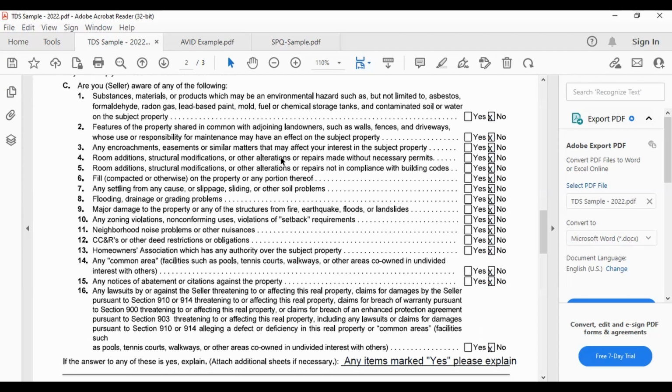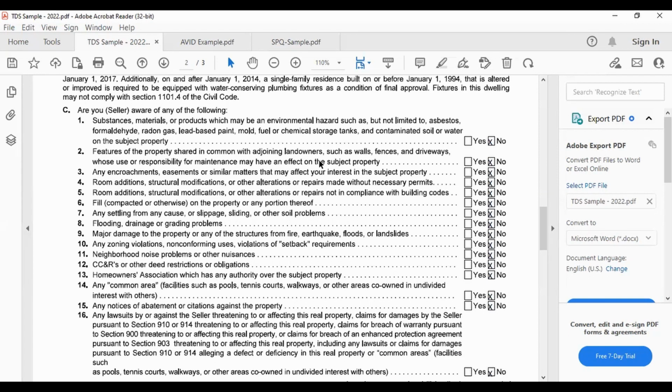Buyer and seller are brought in front of an arbitrator, or who knows, a judge, and agents get dragged into it too. And the seller's claim is, well, I wouldn't have checked that box, I didn't even do it. My agent did it for me. That's a bad day for you as an agent.